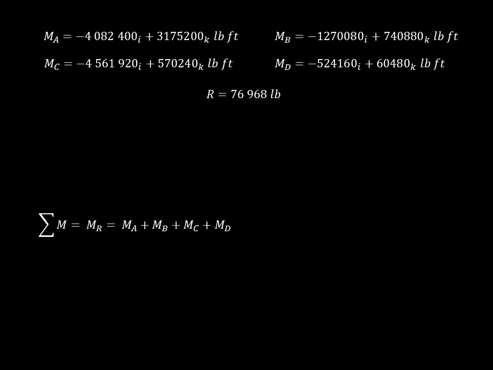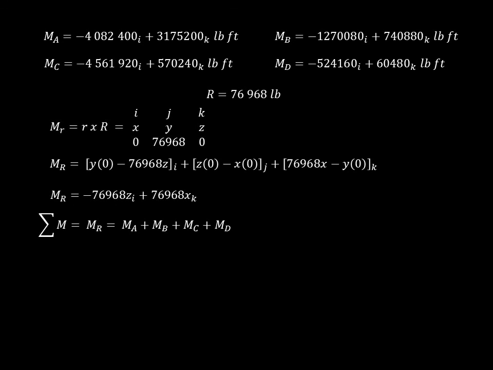We will get that equation by multiplying the solved resultant force with the unknown distance that we could name as xi plus yj plus zk. The cross product will yield this equation.